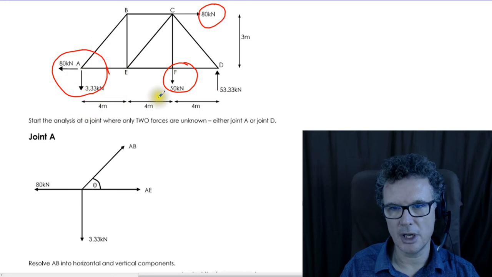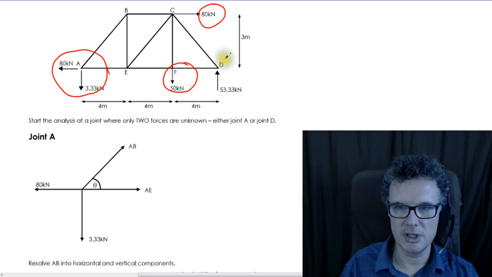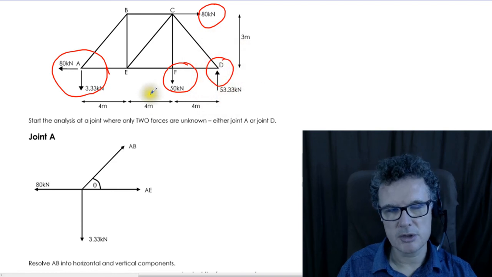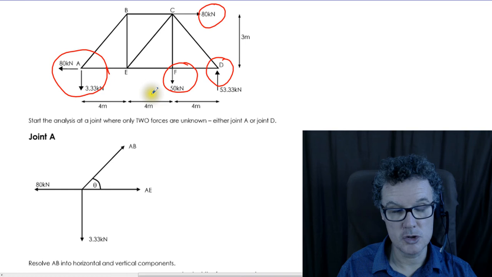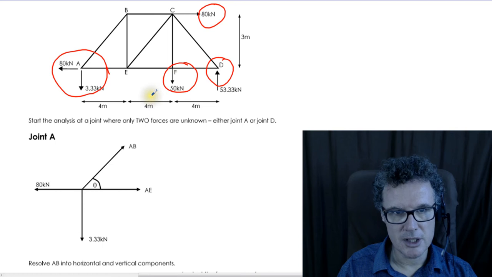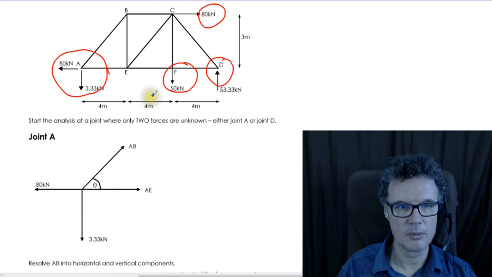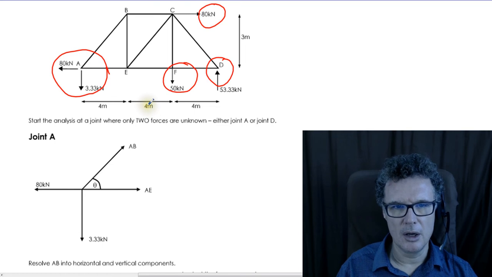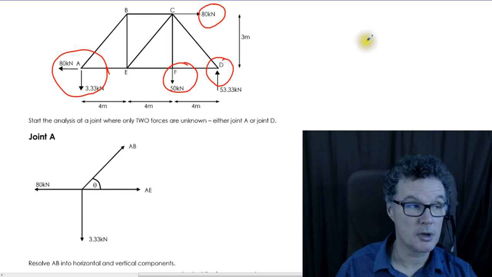I could either start at joint A or I could start at joint D. Because with the method of joints, you start with a joint where there's only 2 members. Usually this is where you've got some support reaction going on, and that's true in this case, but that's not always the case.